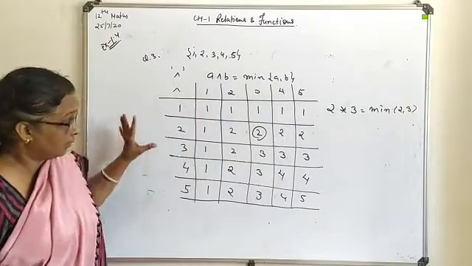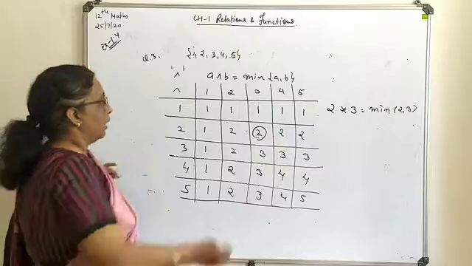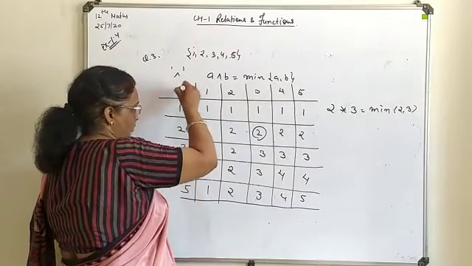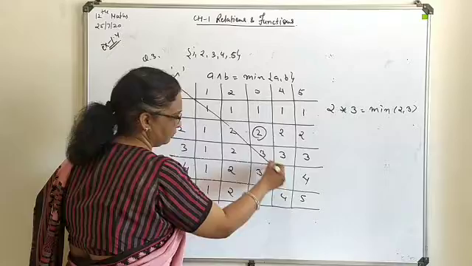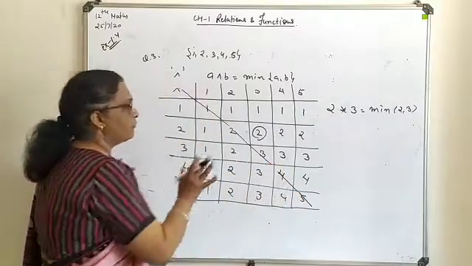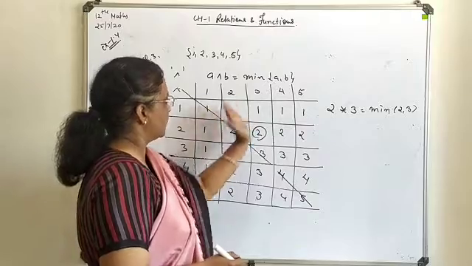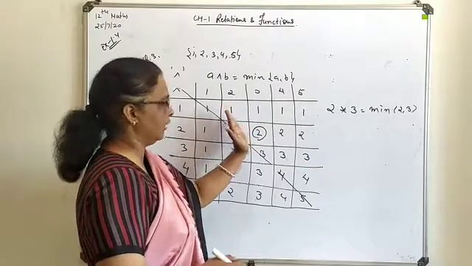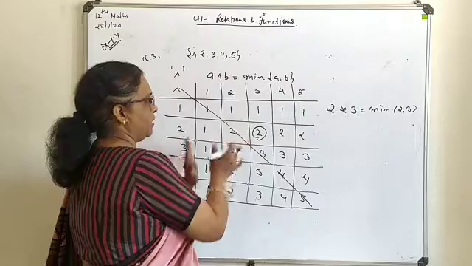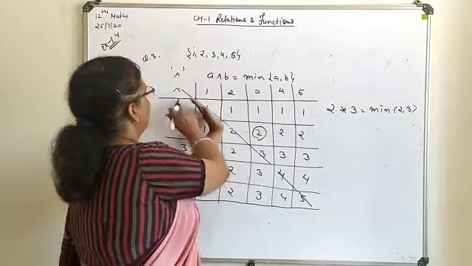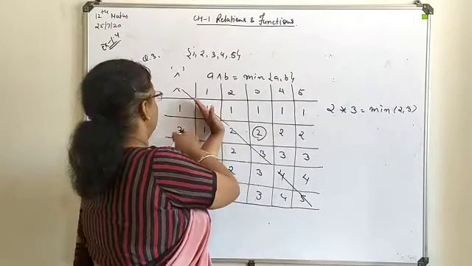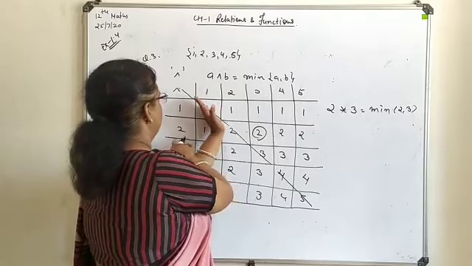One more thing this table will show you. With respect to this operation, diagonally, if your table is symmetric, meaning the upper side and lower side of this diagonal look the same when you look carefully: 1, 1, this is 1, 1, this is 3, 1, 1.